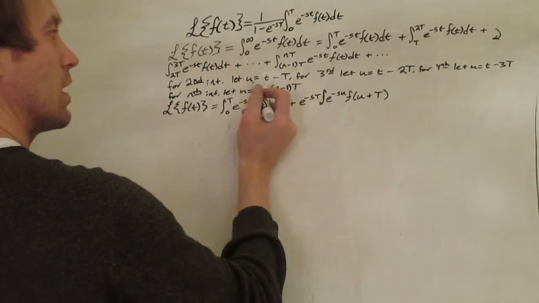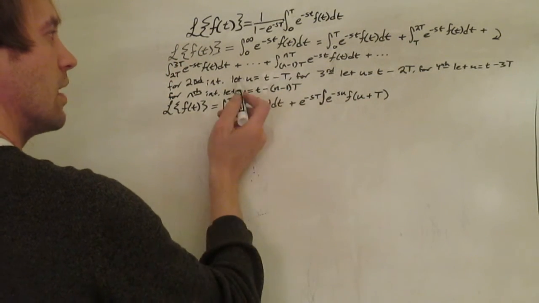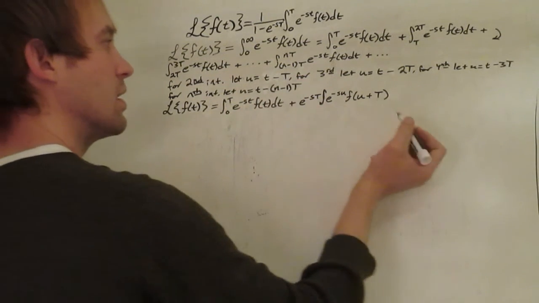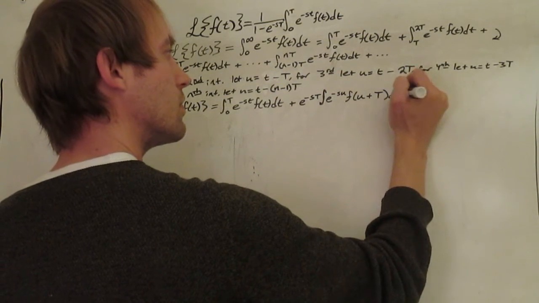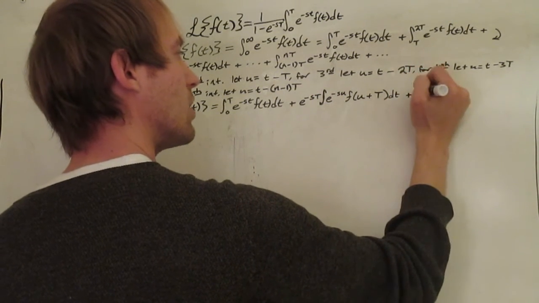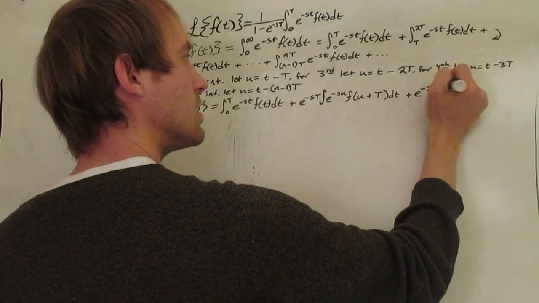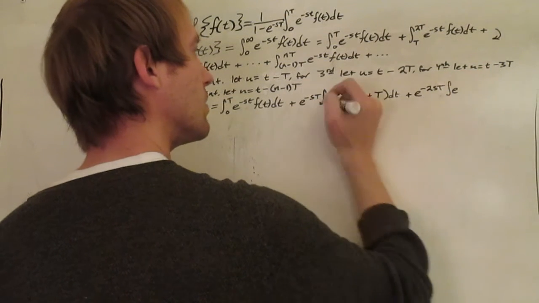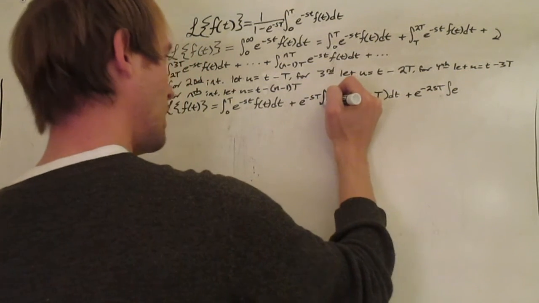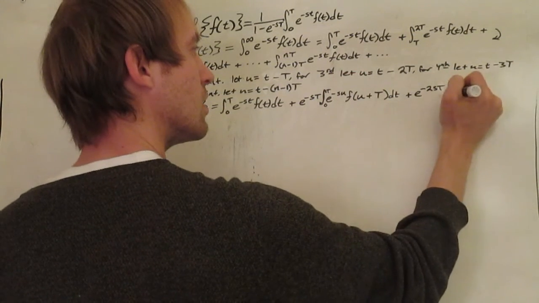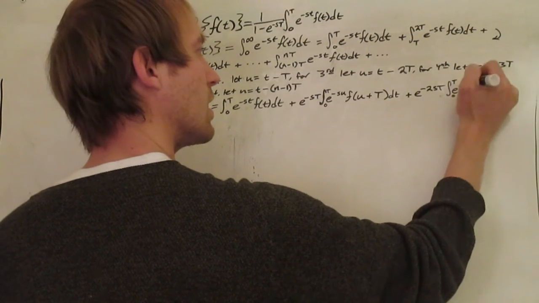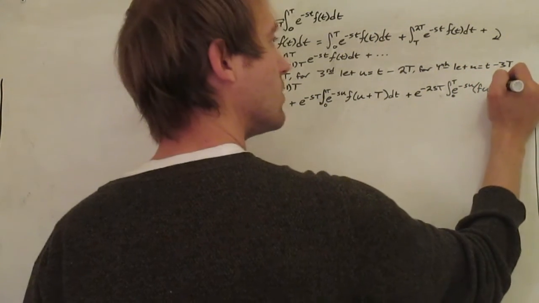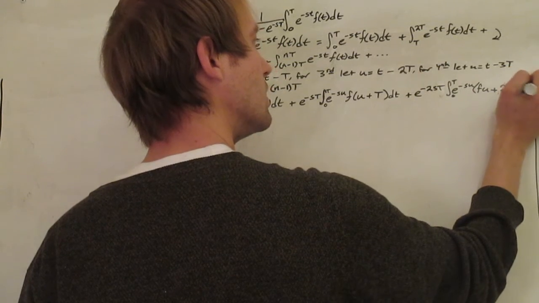Notice, looking at this first one, if we pulled this t to the other side, t would now equal, what was f of t will now equal f of u plus capital T. So that's what we're doing here, and plus e to the negative 2 st, integral of e to the negative su, and I need to put the limits on here, but each limit is 0 to t, f of u plus 2t, du.